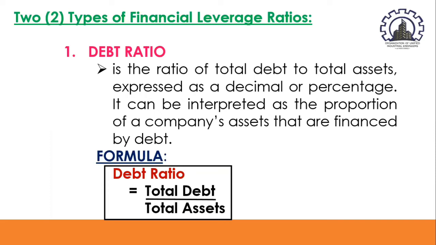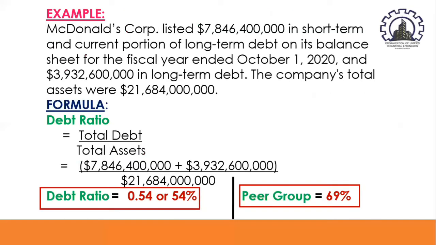It can be interpreted as the proportion of a company's assets that are financed by debt. And the formula in getting debt ratio would be our total debt or total liability all over our total assets. Now, in order for us to better understand debt ratio, let us have a specific example.